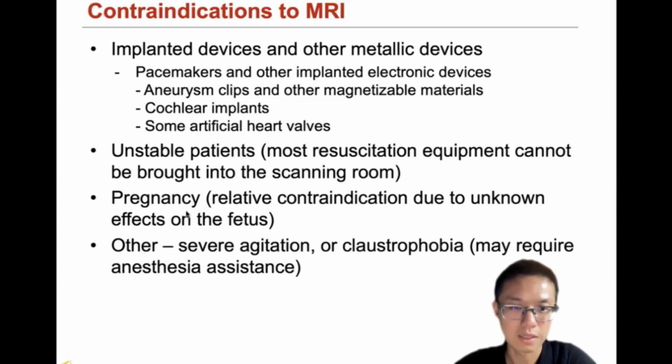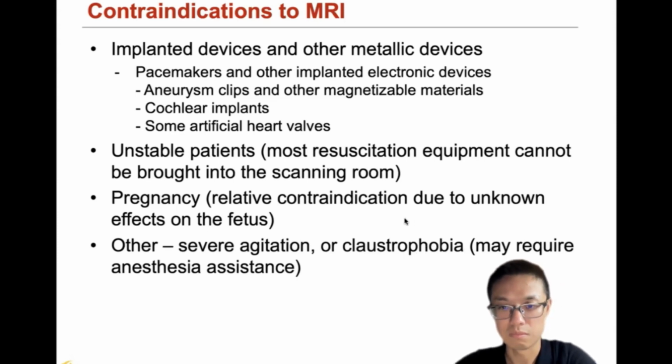And also pregnancy. There are some relative contraindications due to unknown effects on the fetus, so this has to be handled very carefully for pregnant patients. And also other conditions like severe agitation or claustrophobia.